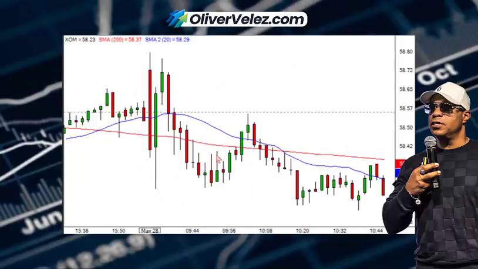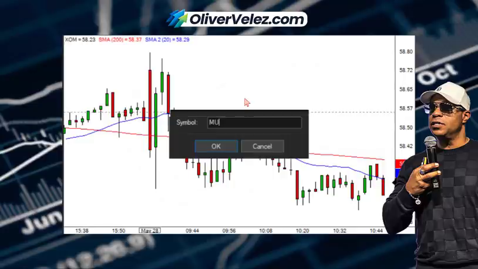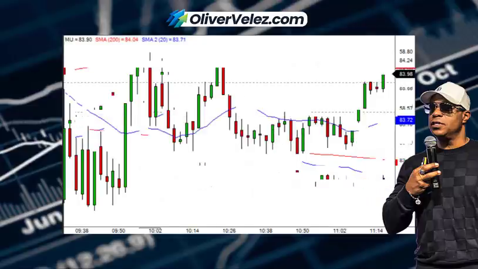But I identified XOM because of that first bar off the open, crashing into the 200. And there was weakness in the other oil stocks as well. And I spotted MU off the open.